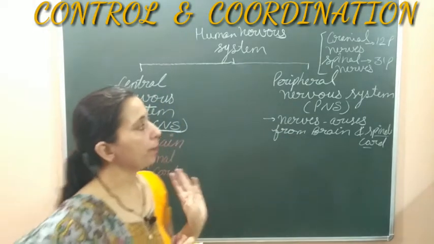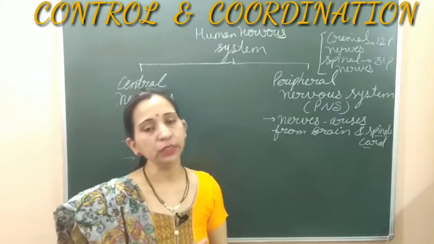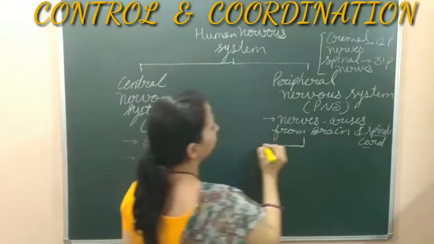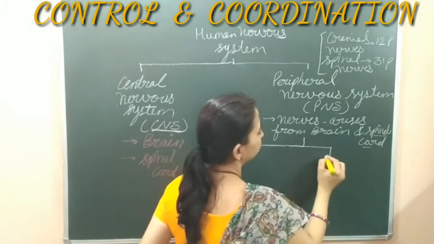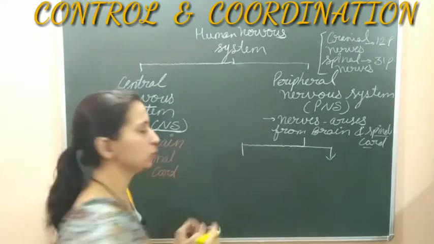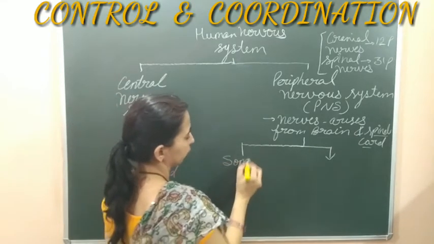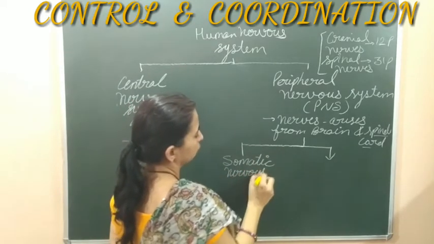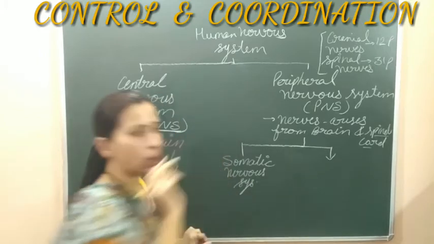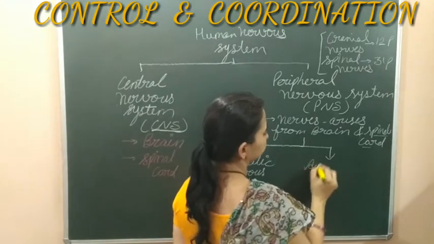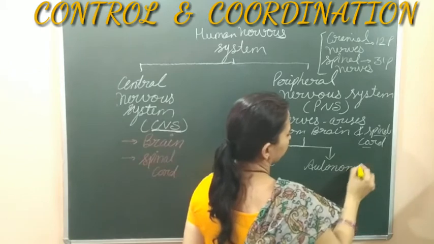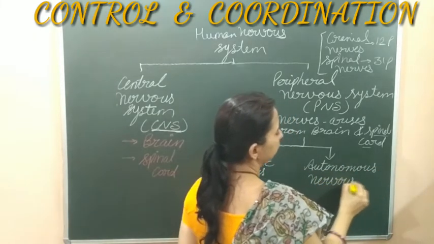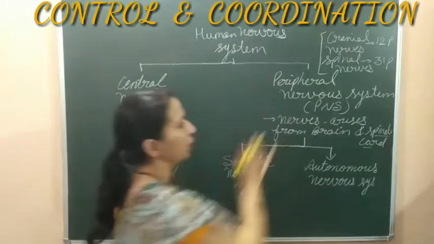So this is about the peripheral nervous system. This peripheral nervous system is further divided into two parts. The first part of the peripheral nervous system is known as the somatic nervous system, and the other one is known as the autonomous nervous system.